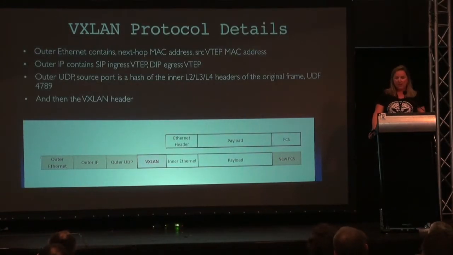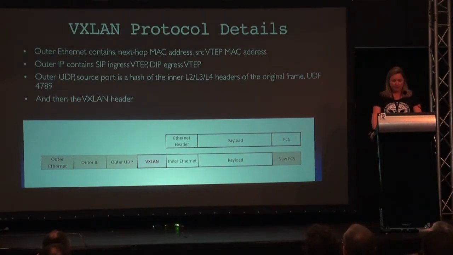So looking more at how the VXLAN fits into the frame, because this is how you'll lay it out in Scapy if you wanted to start trying out attacks. The outer Ethernet contains the next hop MAC address and the source VTEP MAC address. The outer IP contains the source IP for the ingress VTEP and the destination IP for the egress VTEP.